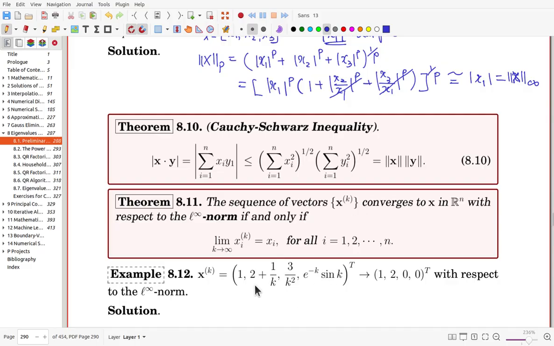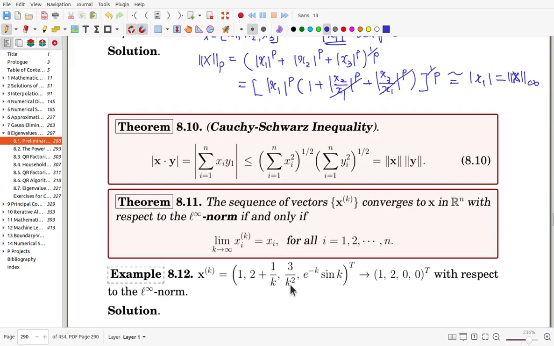So here, for this sequence of vectors, as k increases, that one is always 1, so the limit must be 1. Now 1 over k will converge to 0, so this one will converge to 2.